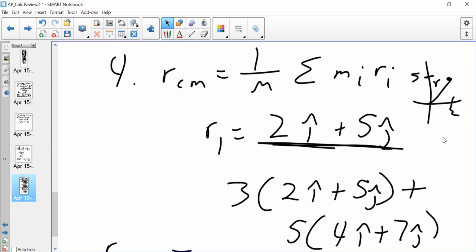Does that make sense? Instead of just one axis, we're doing both at the same time, x and y, or we could even do all three, x, y, z. Put in a 7 k hat or whatever, it just depends.